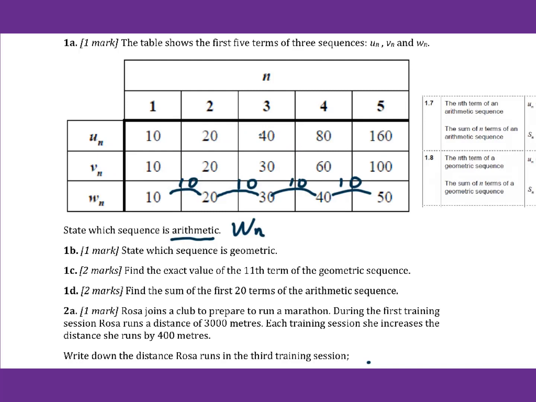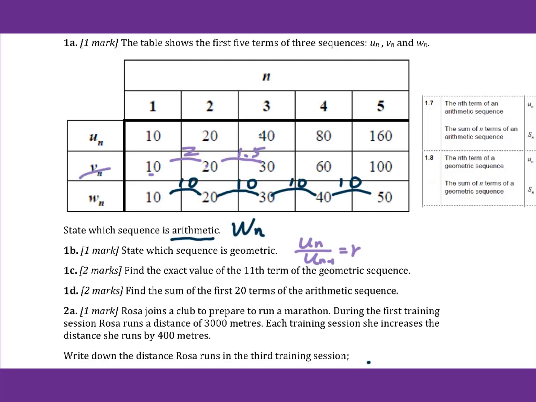For 1b, state which sequence is a geometric sequence. For a geometric sequence, we have to do division. So u sub n over u sub n minus 1 equals r. Therefore, we do 20 divided by 10, it equals 2. 30 divided by 20, that's 1.5.